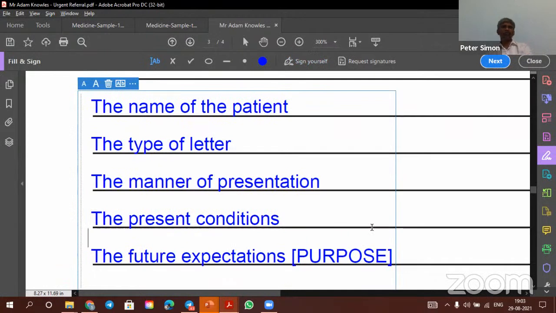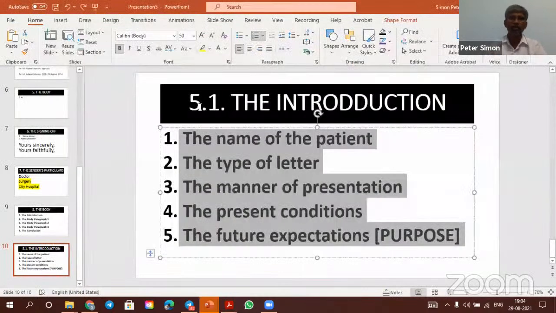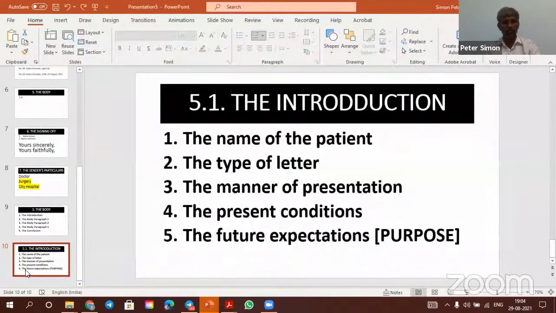So five different things. The name of the patient. Now for the name of the patient, what we are going to do is just take this one. Okay, fine. Let us do it here itself. We have taken one file, so we have duplicated.